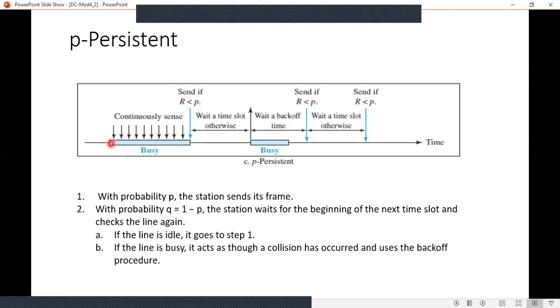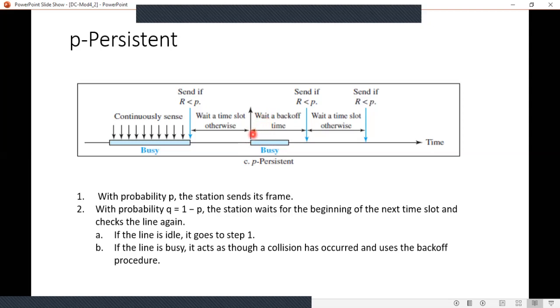If it finds that the channel is busy, then when the channel becomes idle, it will check whether the random time is less than the propagation time, and if it is less, then it will wait for a time slot period, and again if it is busy, it acts as though a collision has occurred and uses the back off procedure.